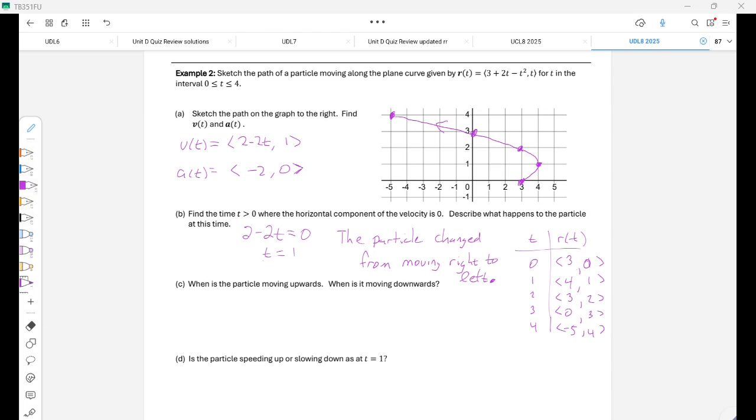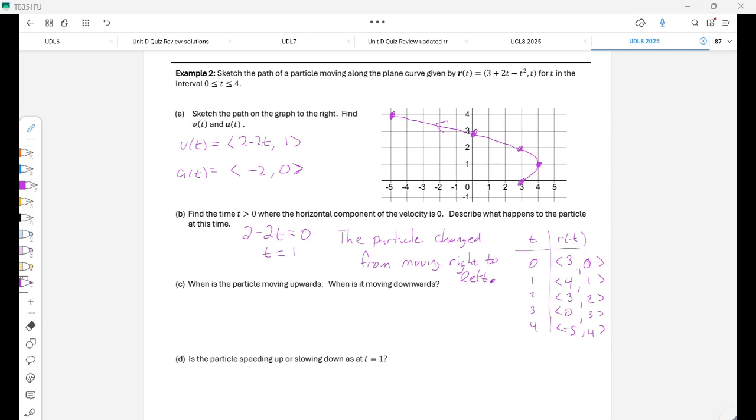The question could ask, when is the particle moving right and when is the particle moving left? And again, it's just focusing only on that x component and solving a one-dimensional problem. It's moving to the right from 0 to 1, and it's moving to the left from 1, in this case, to 4, or from 1 on, depending on how the question is written.